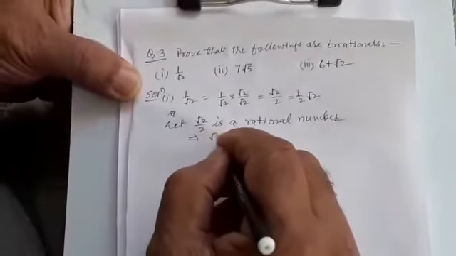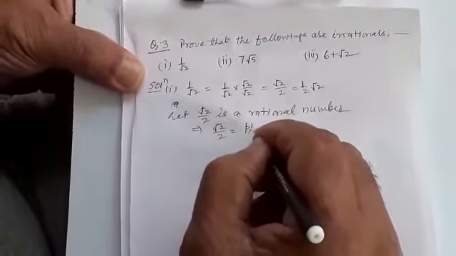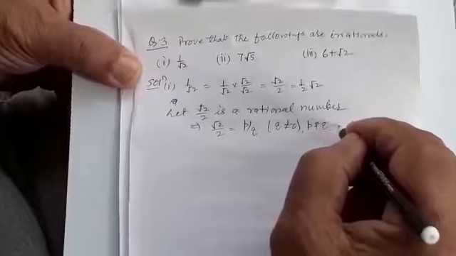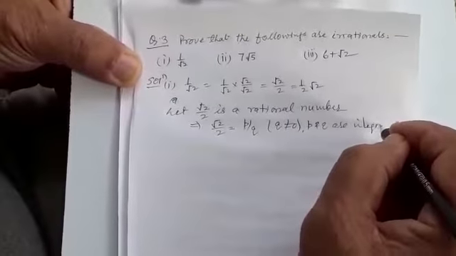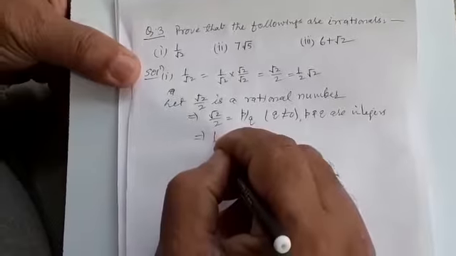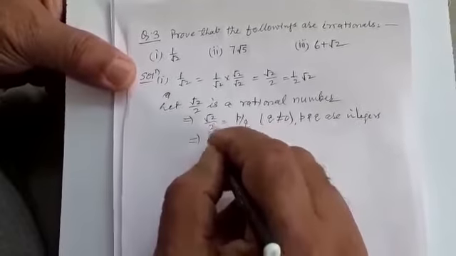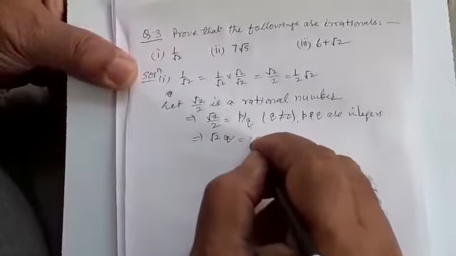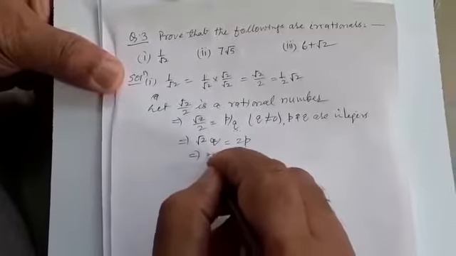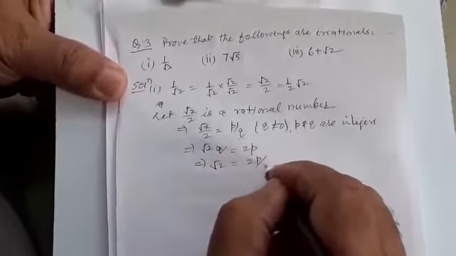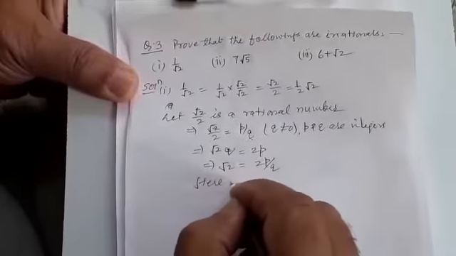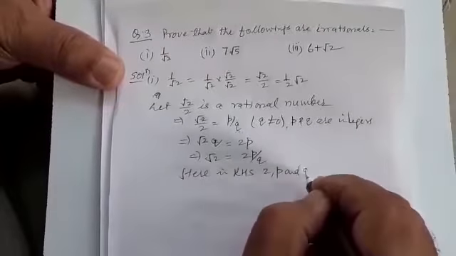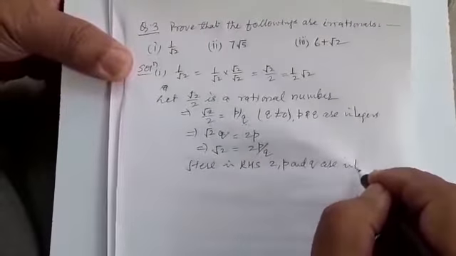It means what? Root 2 by 2 can be expressed in the form of P by Q, where Q not equal to 0. P and Q are integers. This implies root 2 equals 2P by Q by cross multiplication. Here in RHS 2, P and Q are integers.